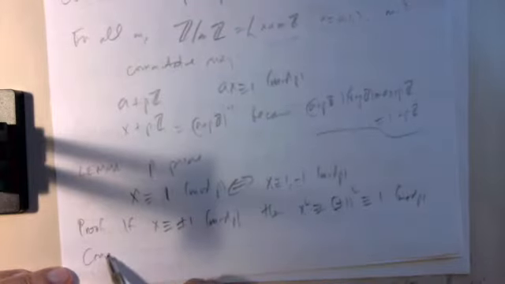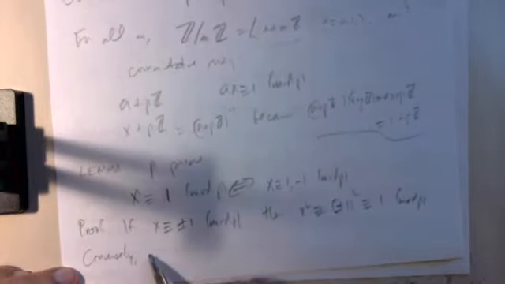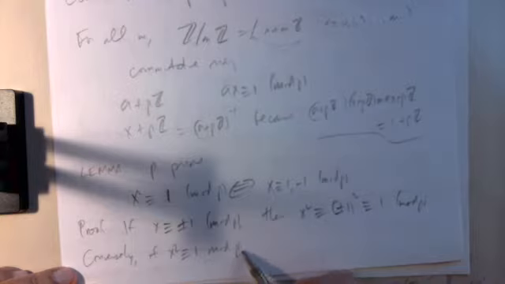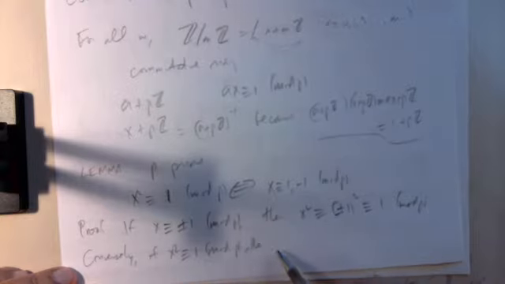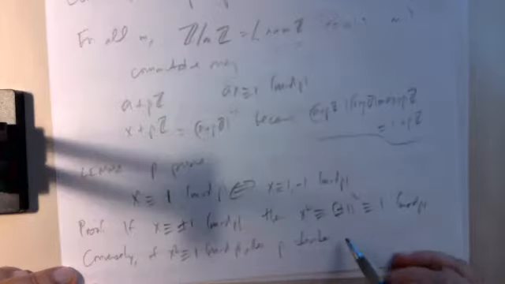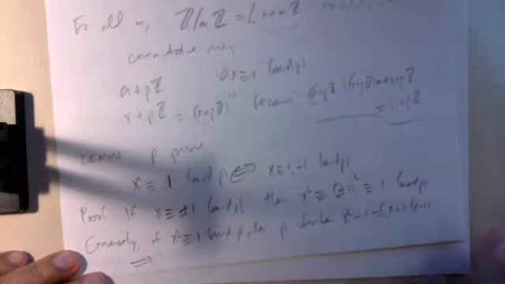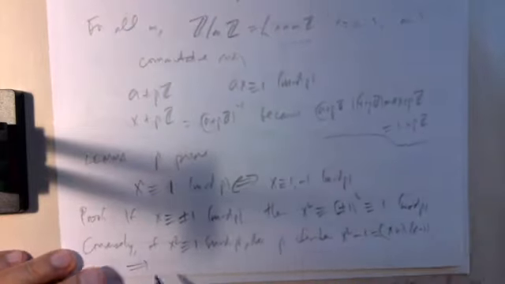Conversely, if x squared is congruent to 1 mod P, that means P divides x squared minus 1, which is factorable into x plus 1 times x minus 1. So if P divides a product, it divides one of the factors.